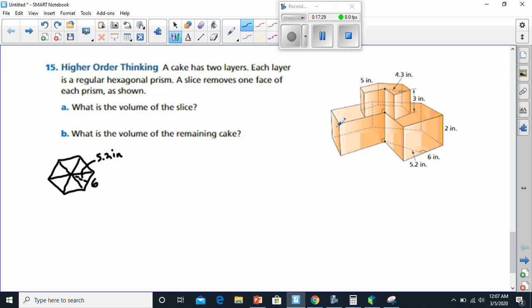And let's not forget that it's also 2 inches high. The formula for volume stays the same: volume equals the base times the height. This time, since we're talking one slice, we're only talking one triangle as the base. We're talking about this one piece here that's been removed.